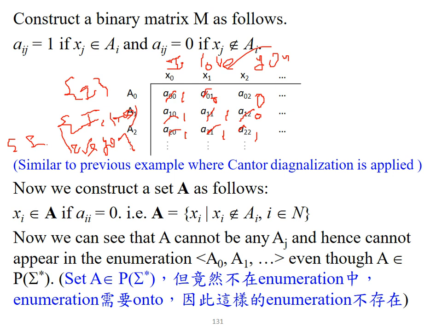We cannot list all subsets within the power set, because you can find the new set A, which is not equal to A0, A1, A2. This is how we derive the contradiction. So this tells us that our assumption is wrong: the power set of sigma star is not countable.